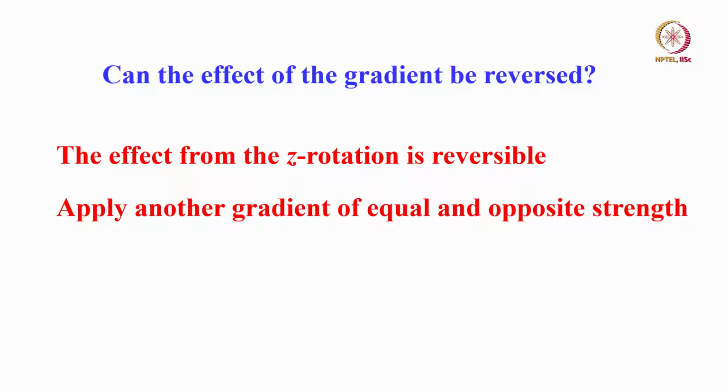Before the pulse, I apply gradient G1; if I apply an identical gradient with the opposite sign after the pulse, it will first dephase, and immediately after the pulse the equal and opposite gradient will rephase. The signal won't get nullified. This is a very interesting concept. So the effect of the z rotation is reversible.